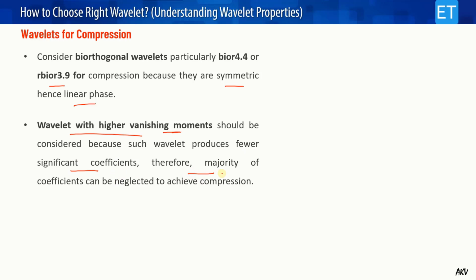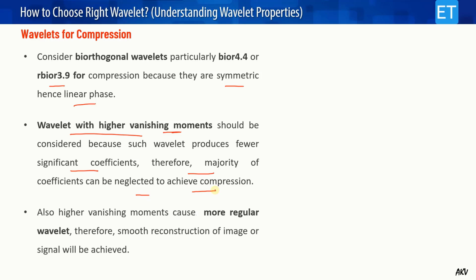Therefore the majority of the coefficients can be neglected while keeping the more significant coefficients. That will achieve the image compression. Also, higher vanishing moments cause more regular wavelets, I mean smoother wavelets. Therefore, smooth reconstruction of the image will be achieved.